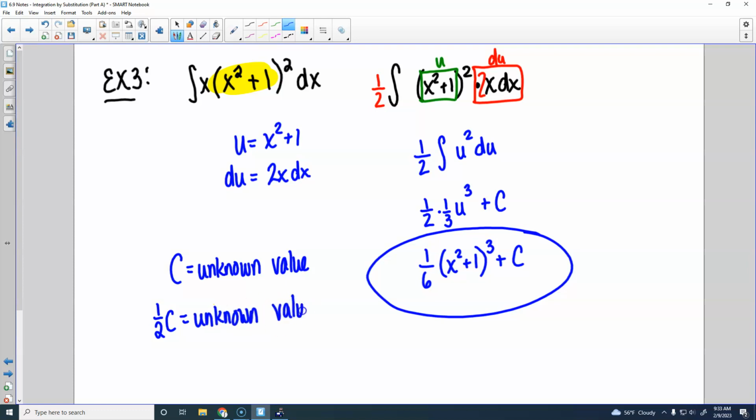So basically anything you do to a C, whether you add something to it, subtract something to it, multiply, square, whatever you do to a C, it just doesn't really matter because it's still just an unknown value. So you don't have to do anything special with that. If you put 1/2 C, it would still be okay, but it's not necessary. So the C is kind of immune to whatever happens to it there on the end. Right? Okay? All right.